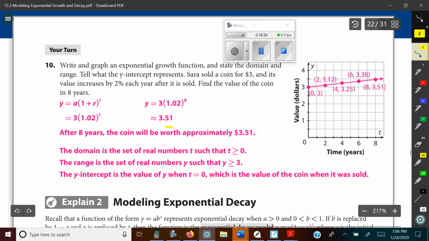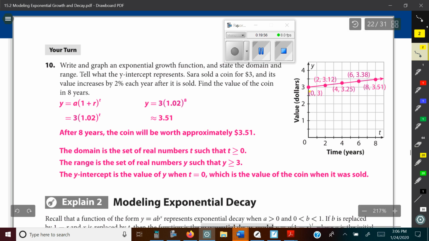Okay. So next you want to set up a T-chart and plug in these values, 0, 2, 4, 6, and 8. And you can plot out the value of what the coin is going to be. The domain is all real numbers greater than or equal to 0. And then the range going up is all real numbers greater than 3.